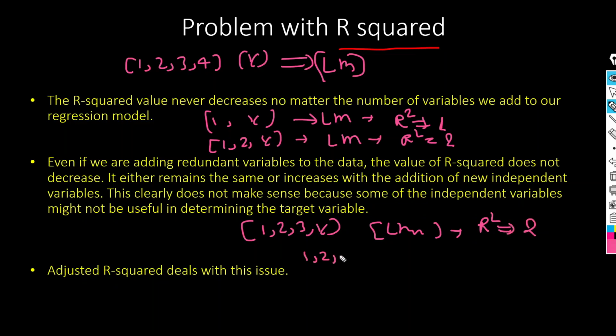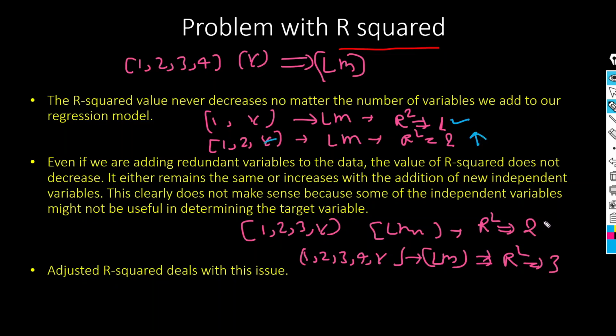Again we add 1, 2, 3, 4 and y. Now we calculate our linear regression model, then again we calculate R squared. This is your 3. So if you see here, once we add the first variable, our R square value is 1. Then we add the second variable, our R square value increases.